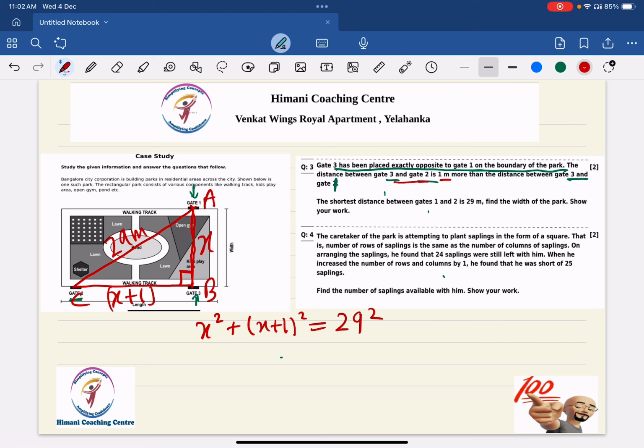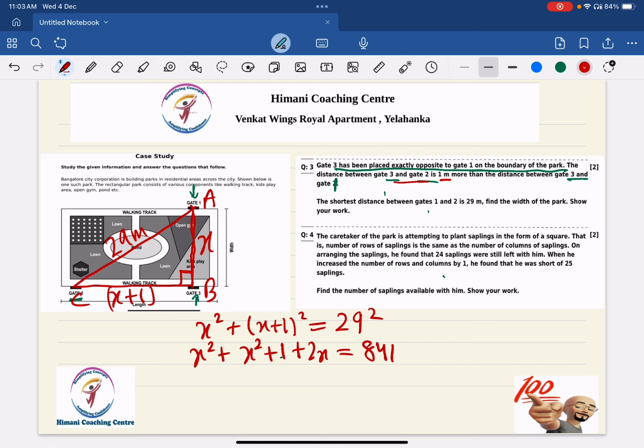Now, how do you find x plus 1 square? You are going to use the a plus b whole square formula. So x square plus, x plus 1 whole square would be x square plus 1 square, which is 1, plus 2x, and 29 square will give us 841.